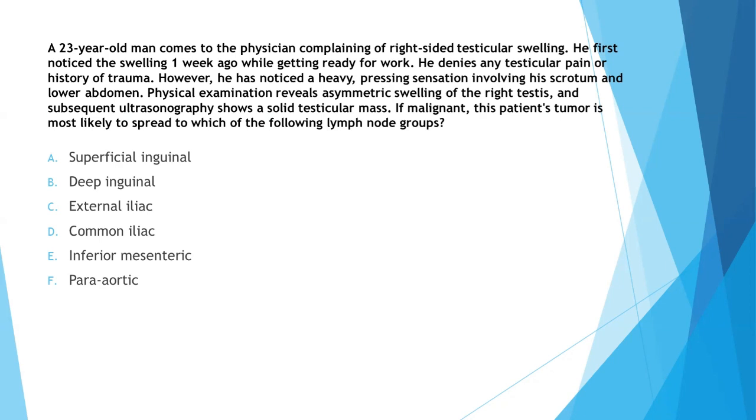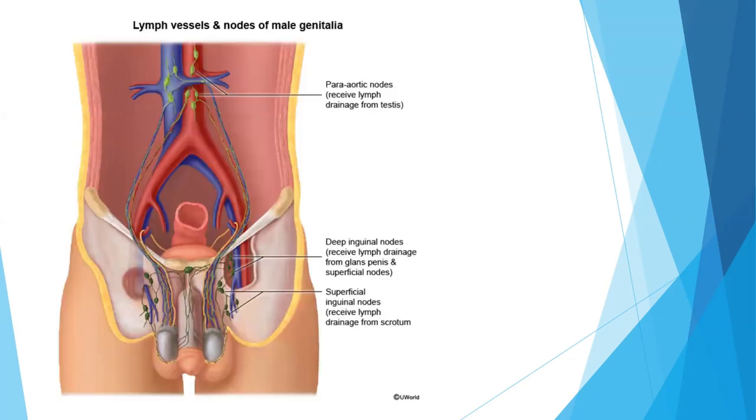Physical examination reveals asymmetric swelling of the right testis, and subsequent ultrasonography shows a solid testicular mass. Now, if it is malignant, then obviously there will be lymph node involvement. So this patient's tumor is most likely to spread to which of the following lymph node groups: superficial inguinal, deep inguinal, external iliac, common iliac, inferior mesenteric, or para-aortic.